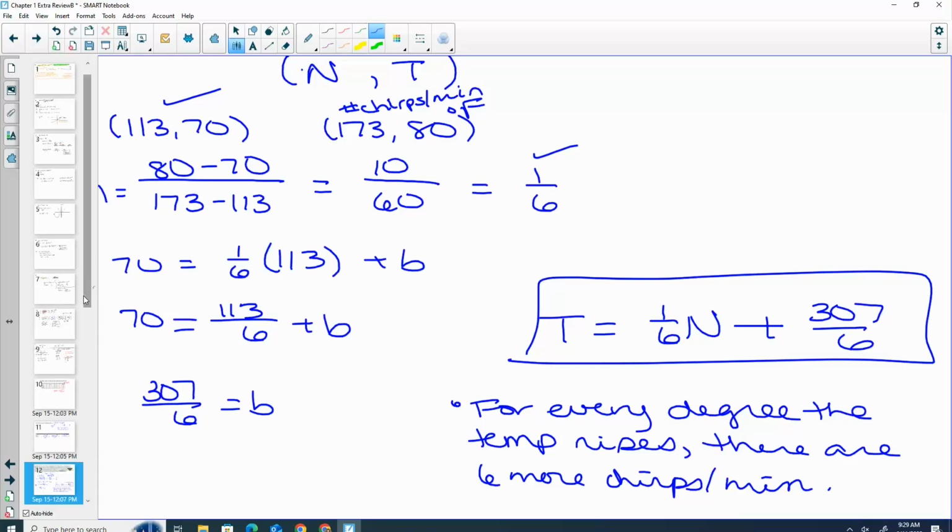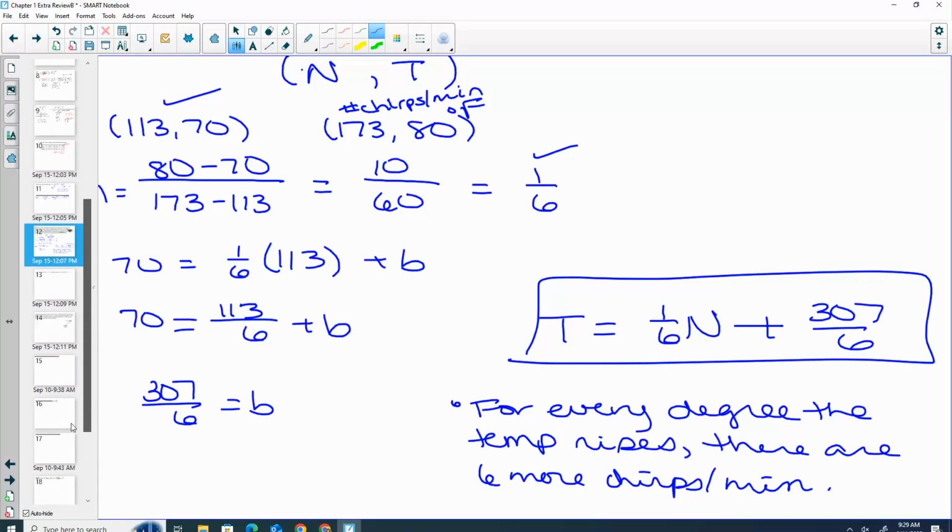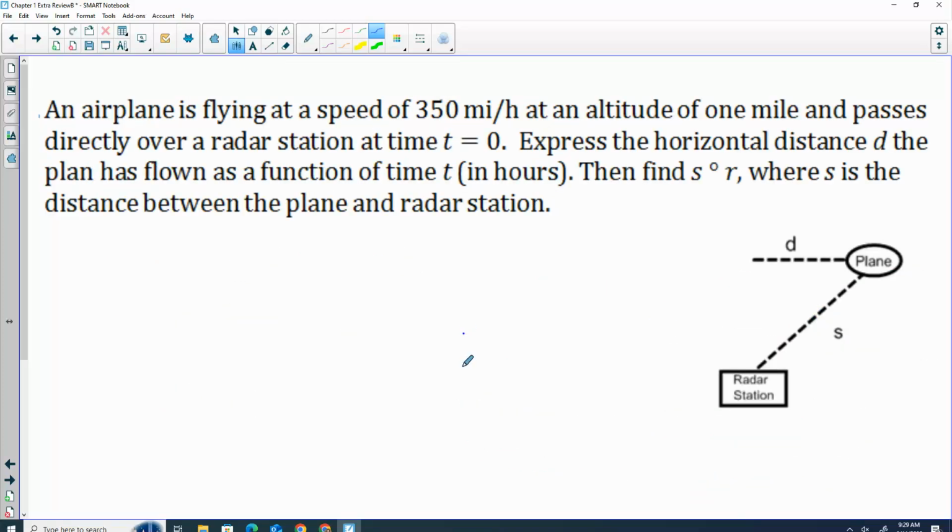Let's go to this one. An airplane is flying at a speed of 350 miles per hour at an altitude of 1 mile and passes directly over the radar station at time t equals 0. Express the horizontal distance d the plane has flown as a function of the time t in hours.